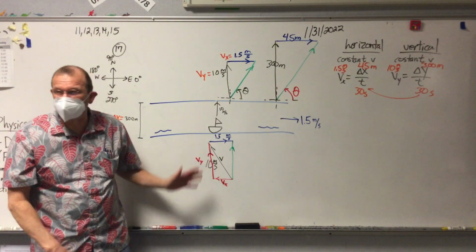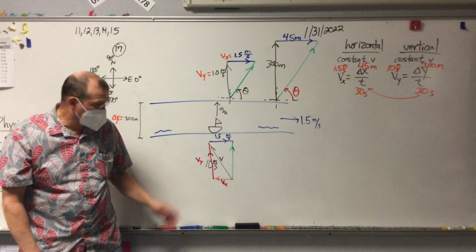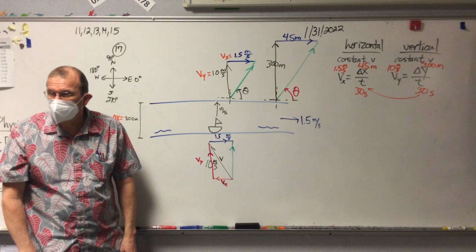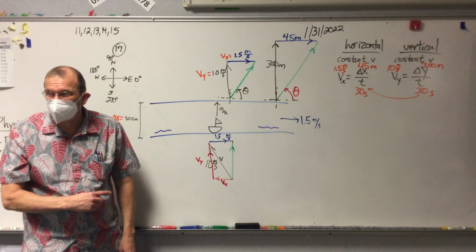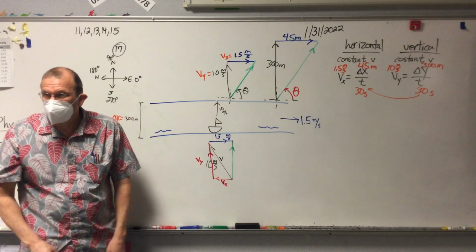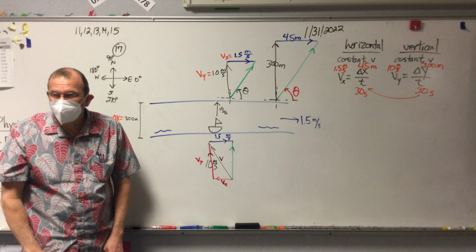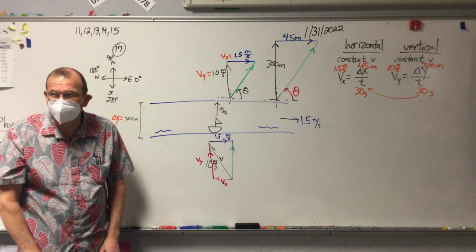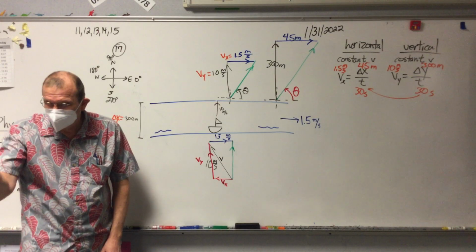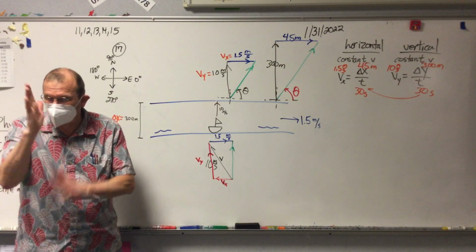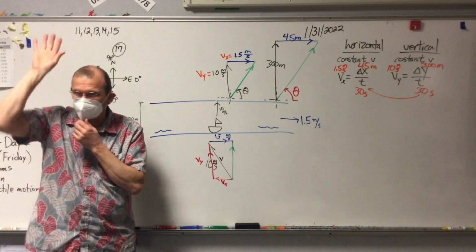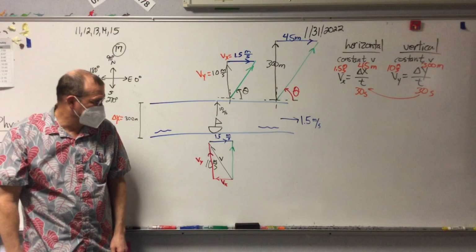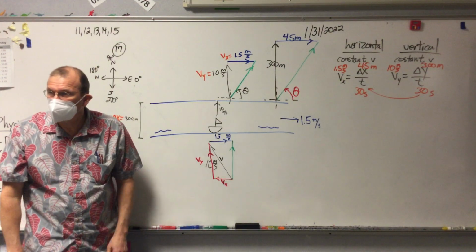Can you use this picture to explain to somebody why the boat is going to go straight across the river now? Because it's in the picture. Who can connect it? What's the blue represent?